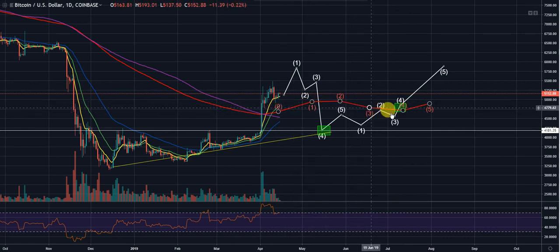If we get back above the 200 again, we're likely to be above all moving averages, just like we were here. So if we do break below this moving average again, the first option is to look for a retest of the ascending triangle, which is at the 4,200 level.